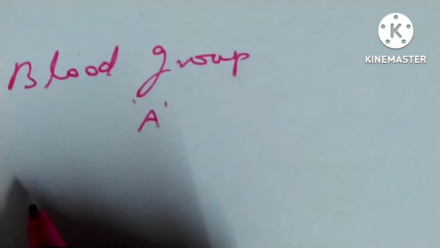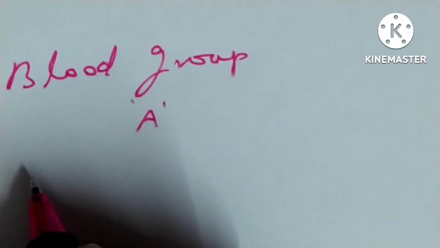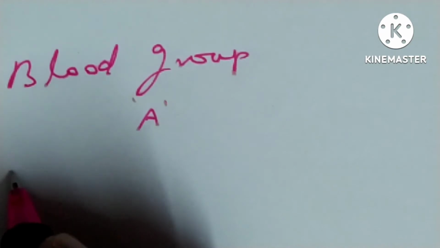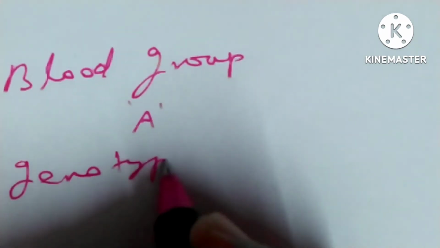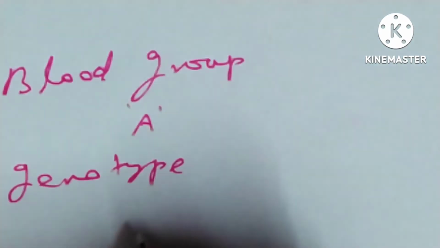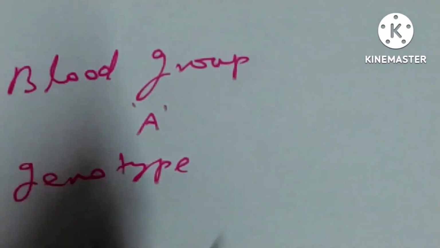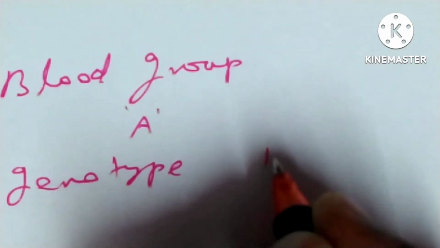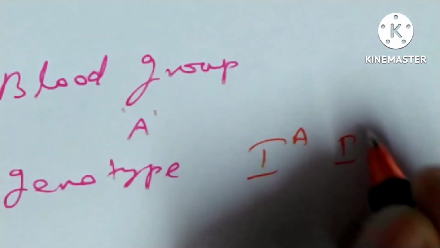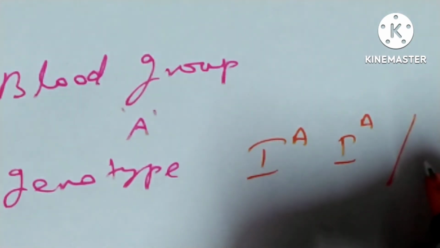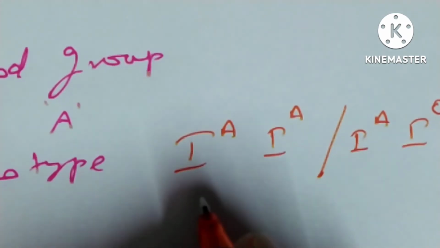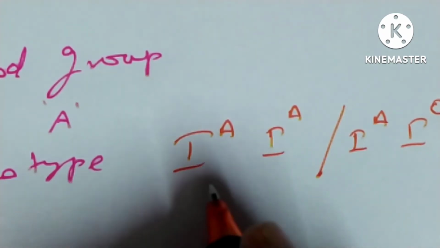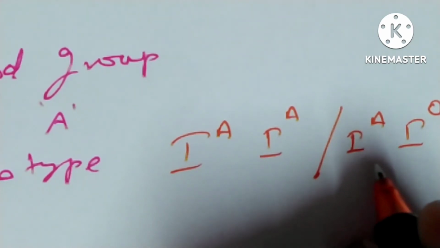Blood group A means, see the genotype of this person: IA IA, or IA and IO. This is the genetic makeup, IA or IO.